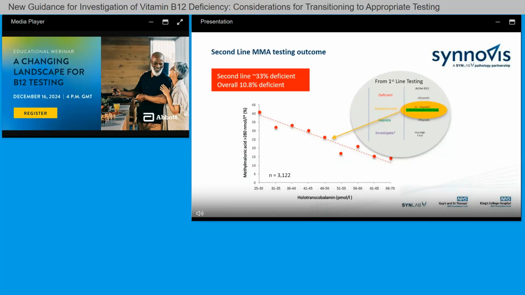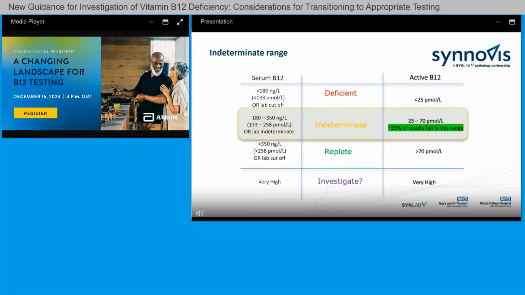So this leads us to the conclusion that for serum B12 and for active B12, there is an indeterminate range. Below the cutoff, we know there's a deficiency, and above the indeterminate range, we know the patient results are replete.